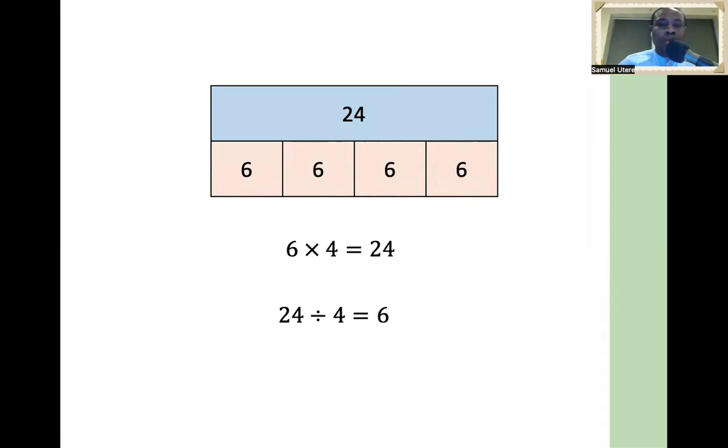We know that using the inverse calculation, 24 divided by 4 will be equal to 6. Have a think, what other calculation can you write? Of course, you can write that 4 times 6 is equal to 24. So multiplication is commutative.